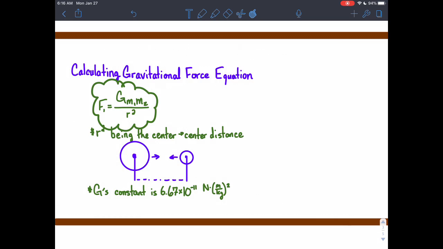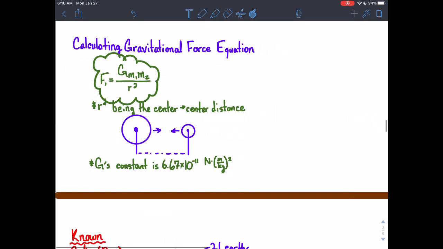Then it equals G, which is the universal constant for gravity, 6.67 times 10 to the negative 11th newtons per mass divided by kilograms squared. And r squared is the center to center distance, and I did a little diagram for clarification right there. It's like the radius plus the distance between the two planets. So that's the equation right up there.